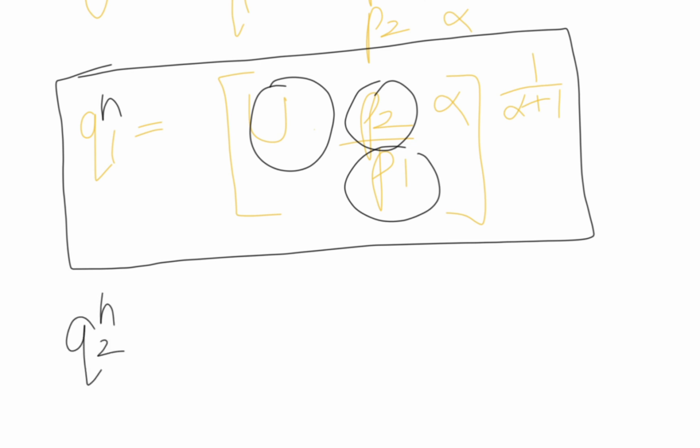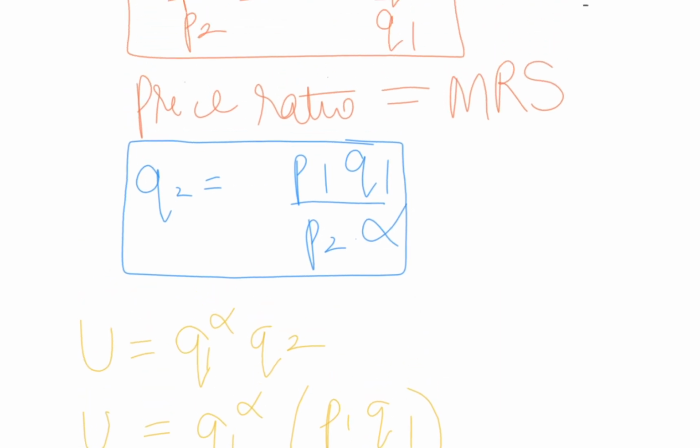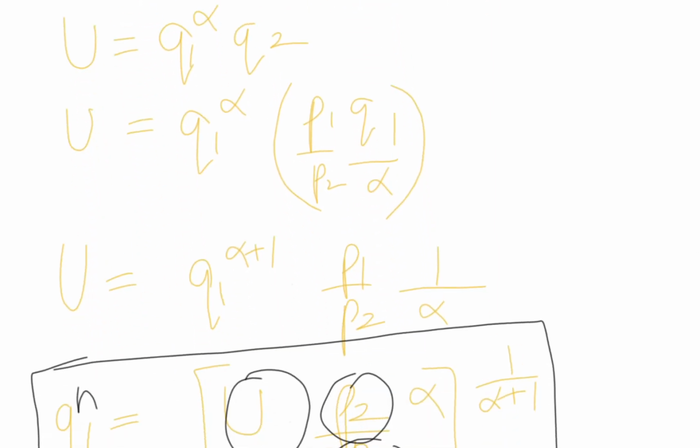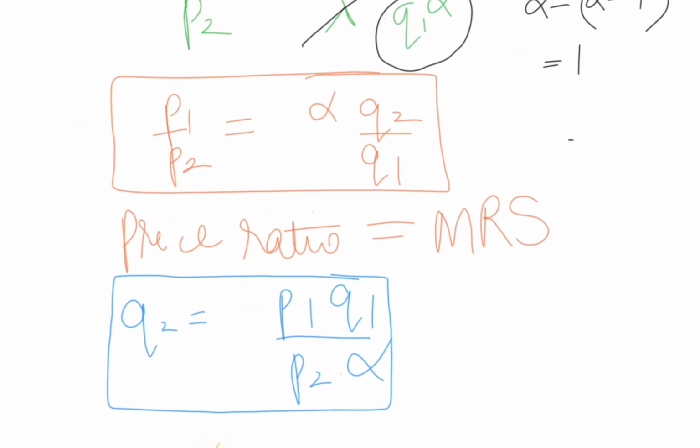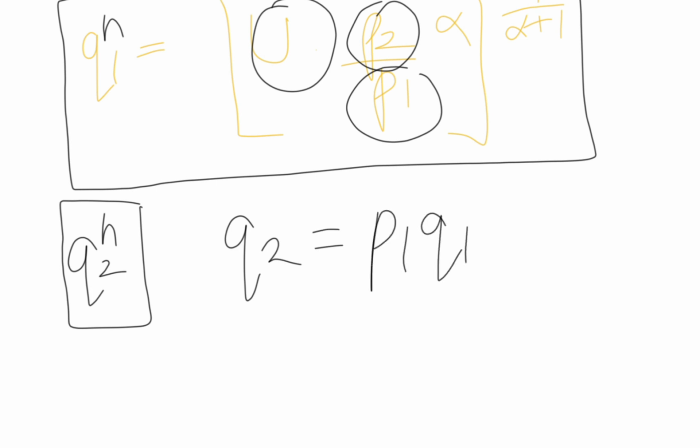Now we derive the demand function for the second good. You remember we had this expression Q2 is equal to P1 Q1 upon P2 alpha. We have the value of Q1H. So to calculate Q2H, we'll use the value of Q1H.